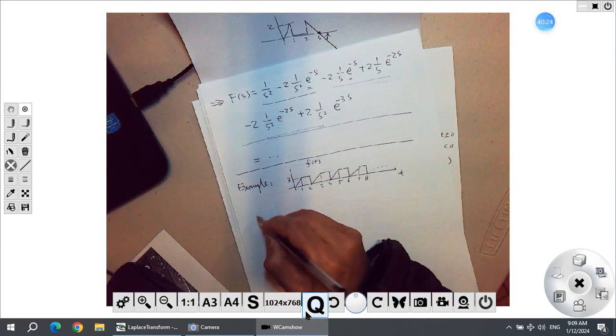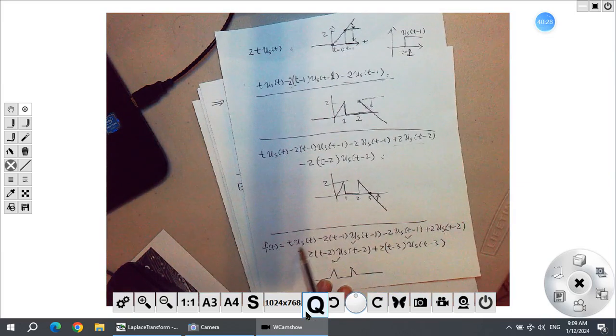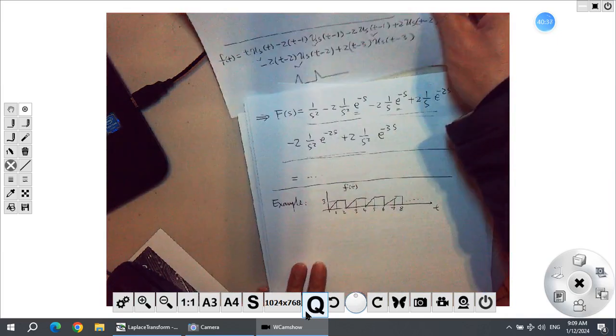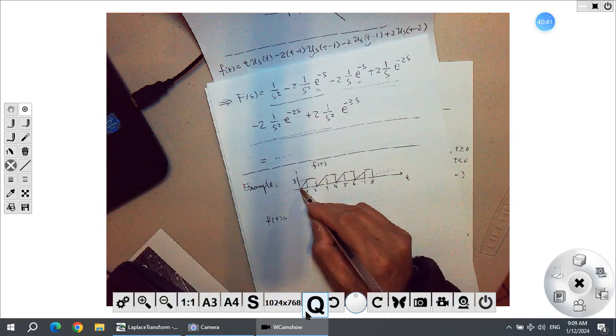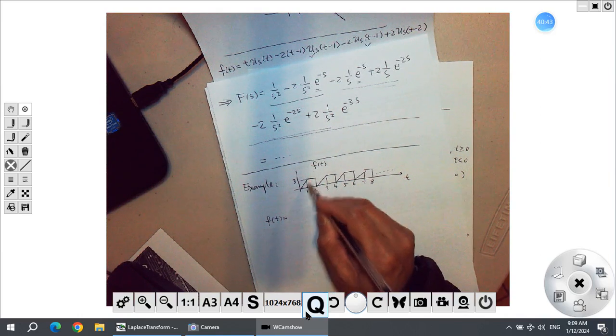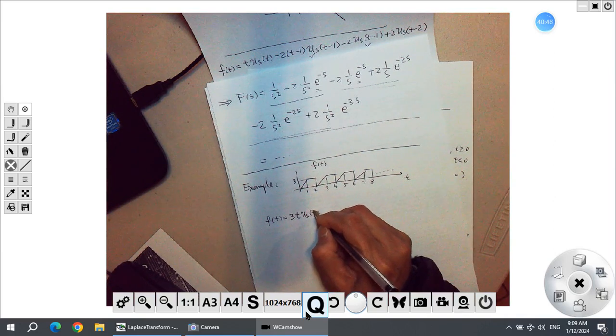Okay, so this time, of course, we need to write it in a similar way with these, and then each term can use the table and the properties. So this one, f of t, starts as a ramp, slope is 3, so it is 3t u_s of t.